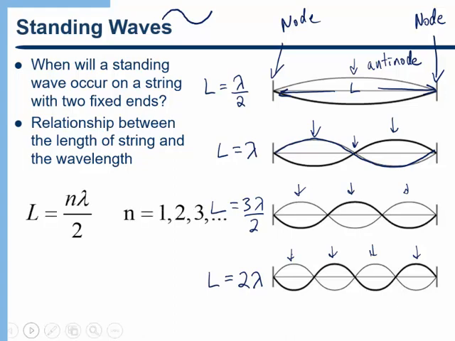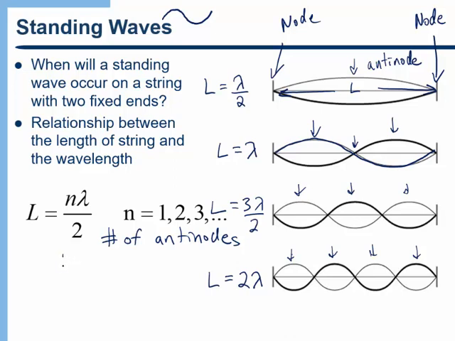What we do is we say that L is equal to n lambda over 2, where n can equal 1, 2, 3, etc. And you'll notice that n is the number of antinodes. So in the top, we only had one antinode, so we would get lambda over 2. For the second case down, we had two antinodes, so we would get L equals lambda, etc. Okay, so n is the number of antinodes.